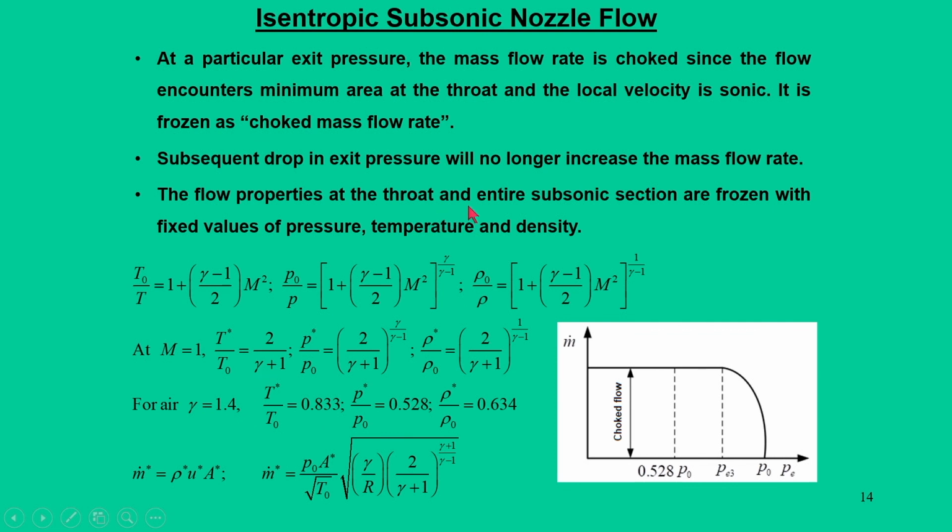Finally, we will also talk about the choked mass flow rate conditions. We will use the same relation here, and this picture shows how the mass flow rate varies with the exit pressure. When there is no mass flow, the exit pressure is P naught; that means the nozzle has not started.